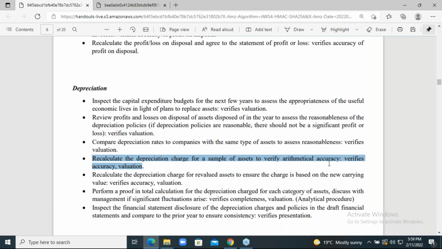Now, can you change this generic procedure into a specific procedure for this question, traffic light? What we have discussed, can you do that? This is a generic procedure.